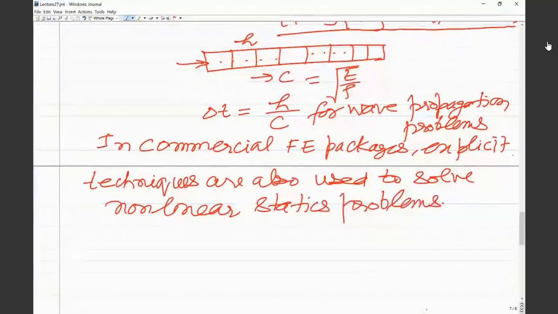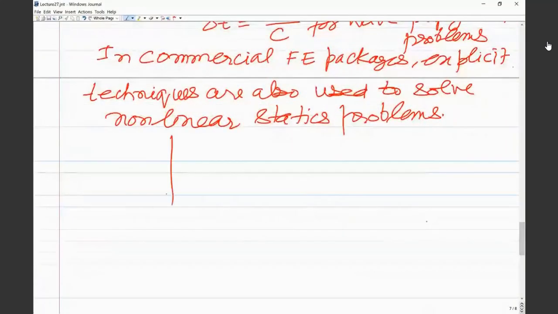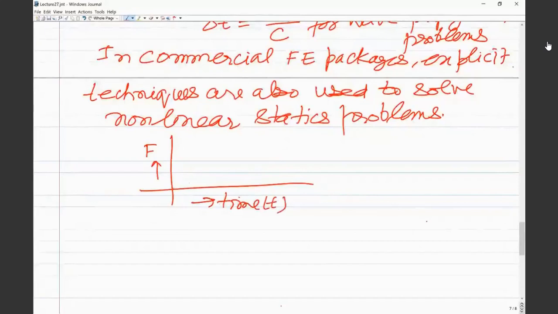Equilibrium problems. The only thing is that now you assume that rather than the total force being applied at once, the total force is applied gradually, but so gradually that the induced dynamic effects are minimal. So you have the force and time t over here. You apply it gradually increasing like this over a time interval, say t, and this t must be greater than T max.